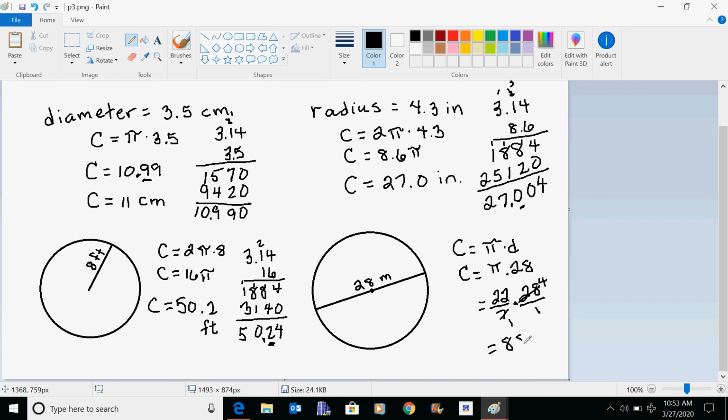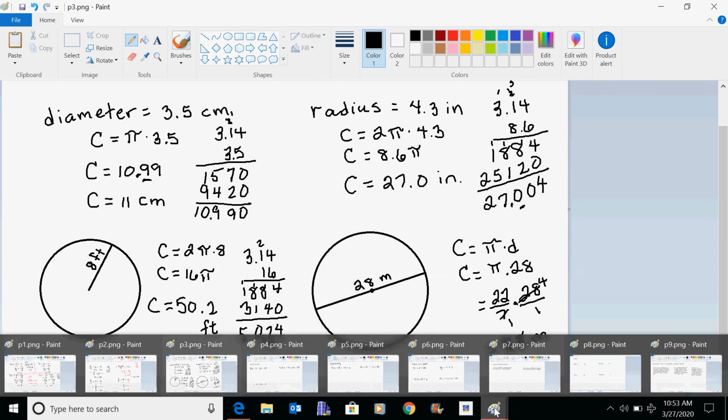And this will give us 88 meters for our circumference going around this circle. So as you can see, some of the things are easier to calculate, some are more difficult, and so you just need to make sure you're working carefully.